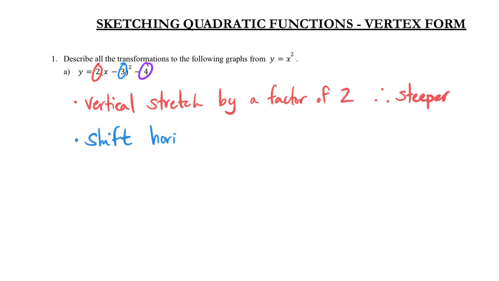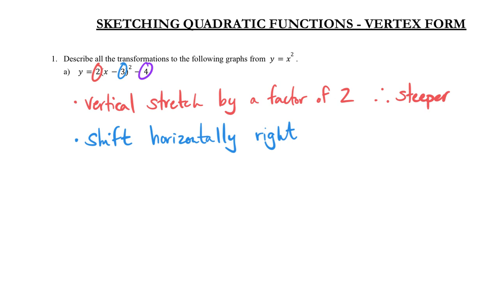Do not tell me shift horizontally and now describe direction. We should all be good that because I have a -3 there, my 3's have to be bigger, I have to shift it to the right. But if you write shift horizontally right, then that's redundant.